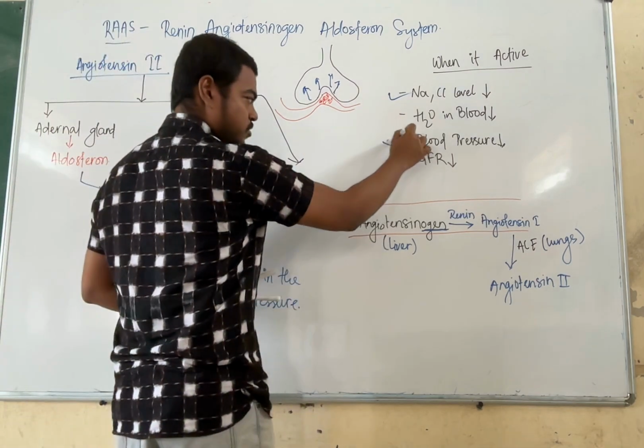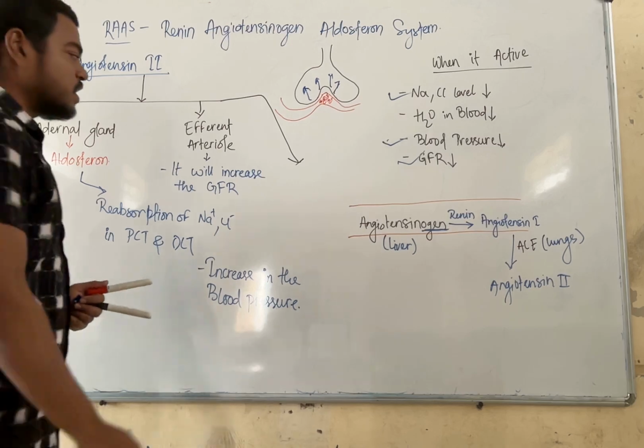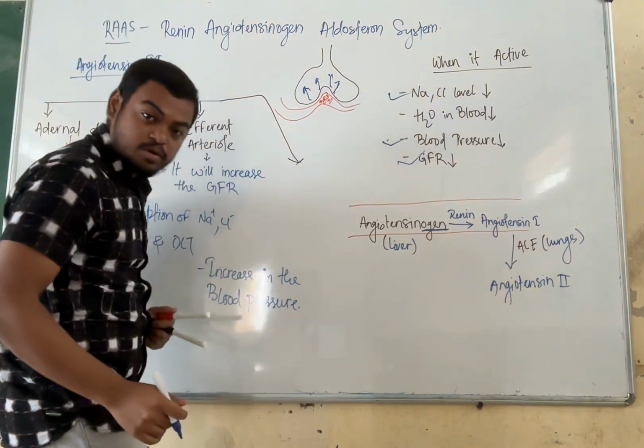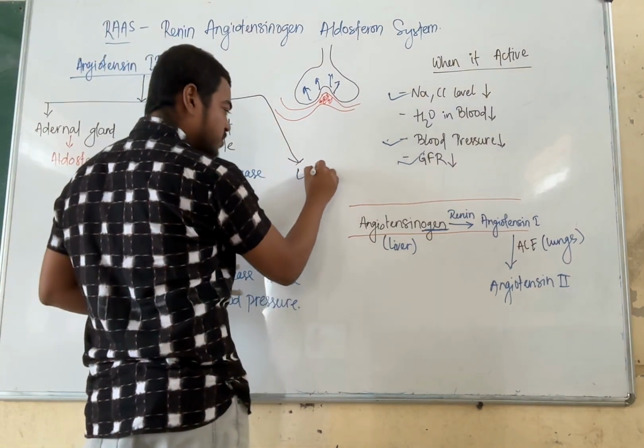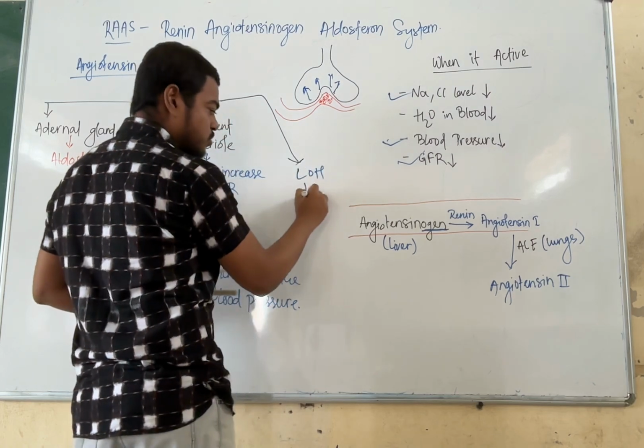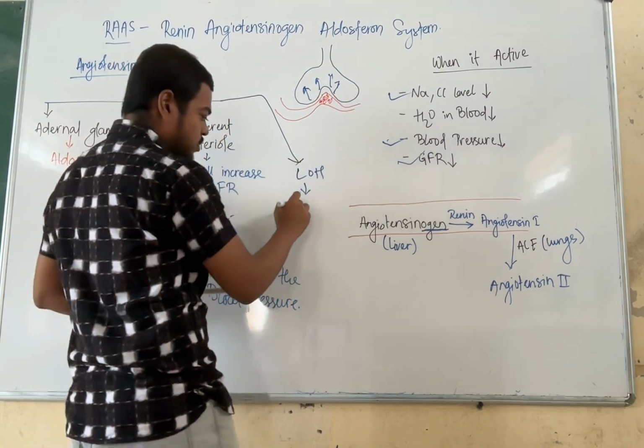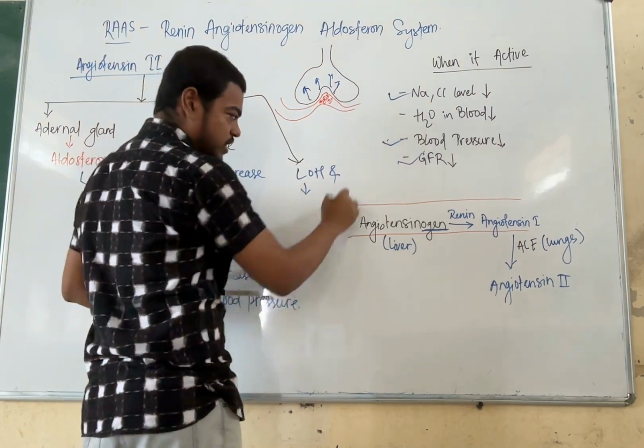Another problem will be solved: it will act upon the renal tubule, the loop of Henle, which absorbs water, and the collecting duct.